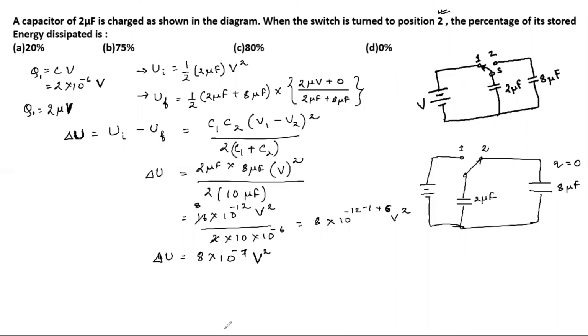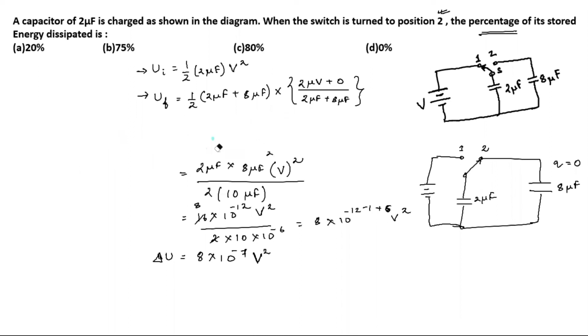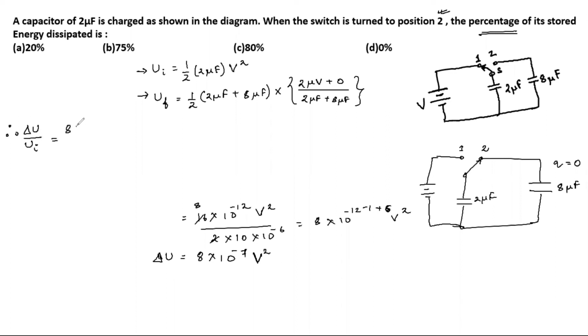But we have to find the percentage change now. So we are actually going to find del U by U, that is, del U by the initial energy. Del U value is 8 into 10 to the power minus 7 V square.